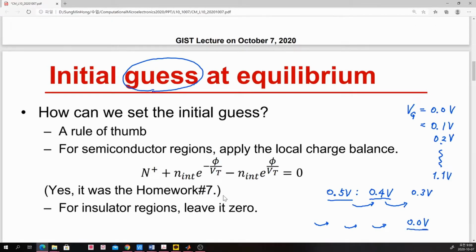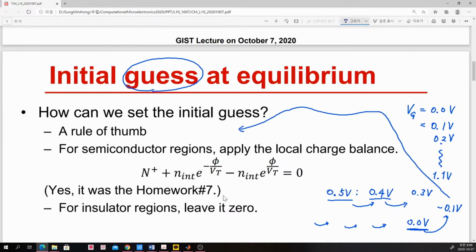In order to provide the initial guess for 0.0 volt, what is the appropriate value of the initial guess? Maybe you can ask me, oh, we can go to minus 0.1 volt, but that does not make a solution. Then what will we do if we can go to negative voltages? Anyhow, we have to close this loop.